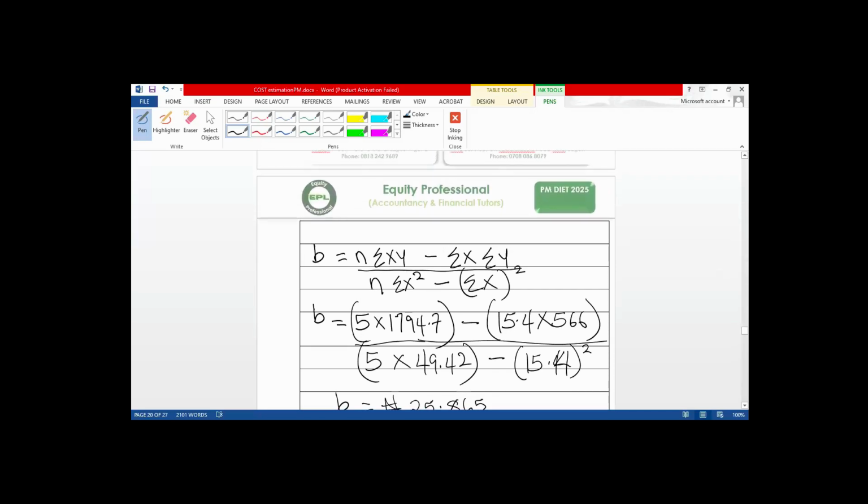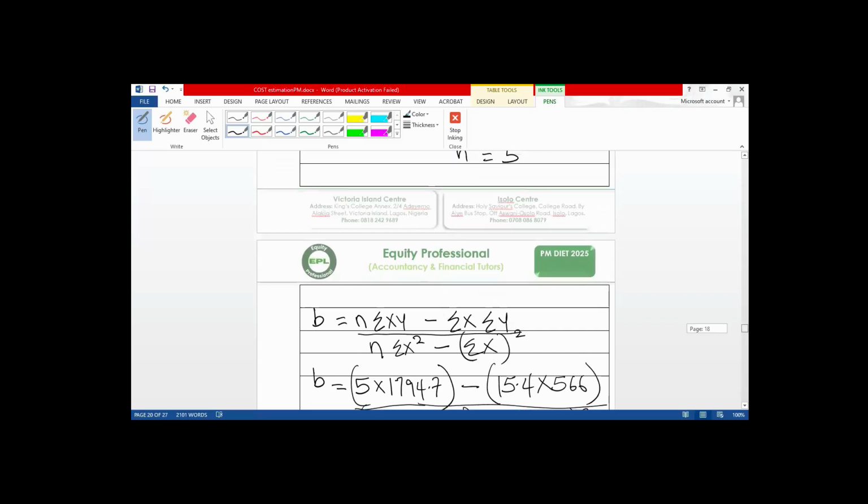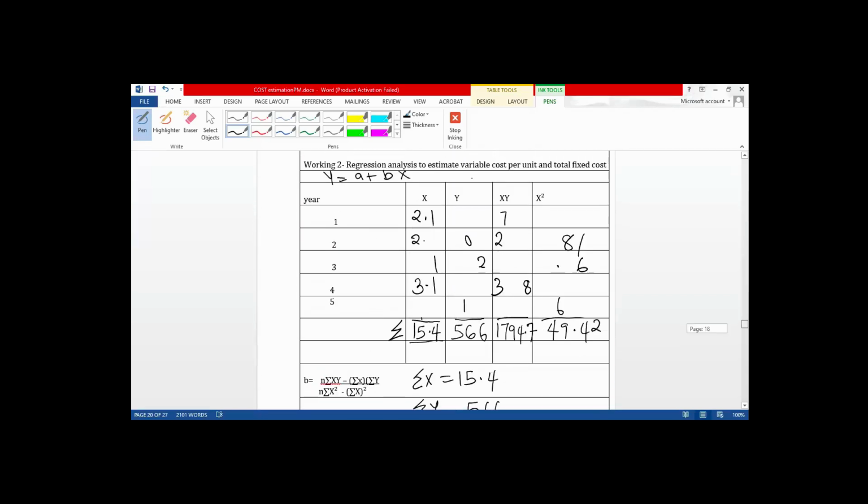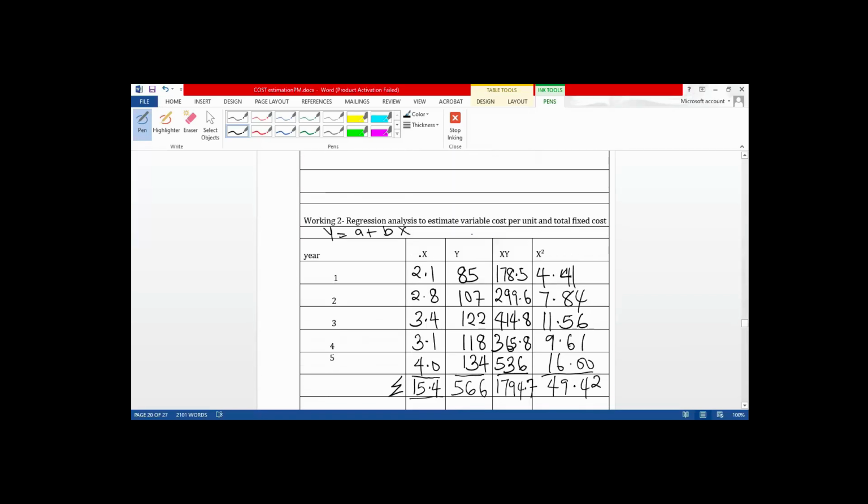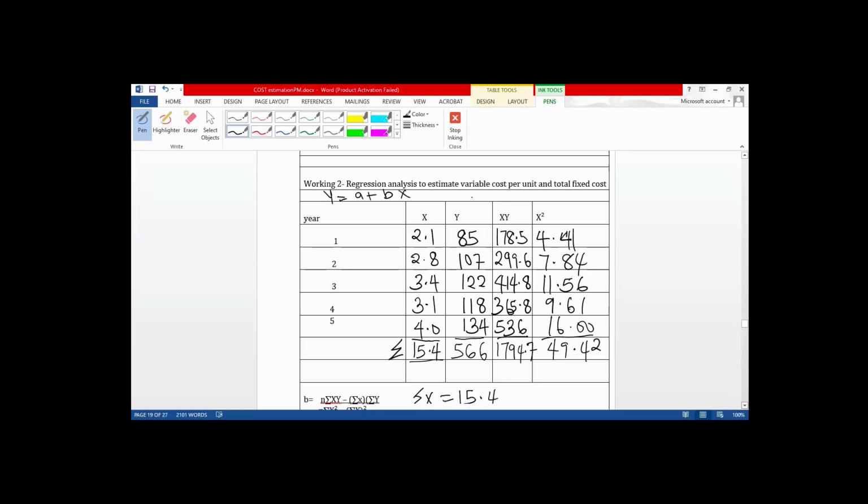The only reason why we scaled down was because, imagine you have 30 here, 30 here, you are going to be having so many thousands of zeros. For convenience of computation, we scale down. So you don't need to return it back to your variable cost. May God give us a better understanding.